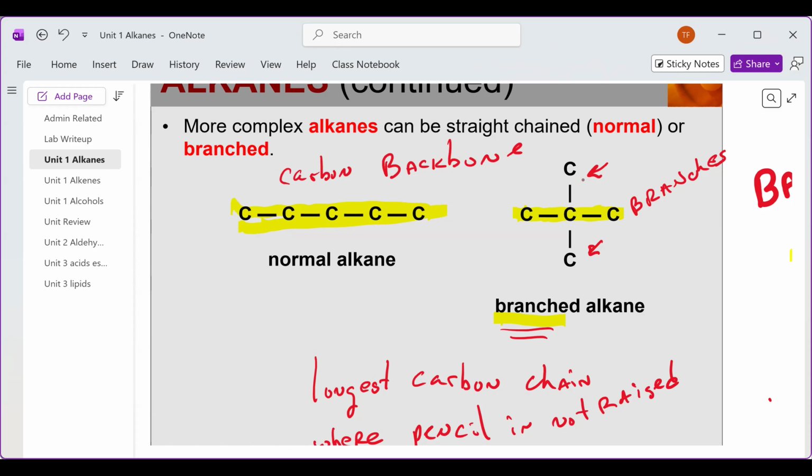But they have the same number of carbons. One's branched, one's not. Now, frequently they'll abbreviate normal to N, italicized N.